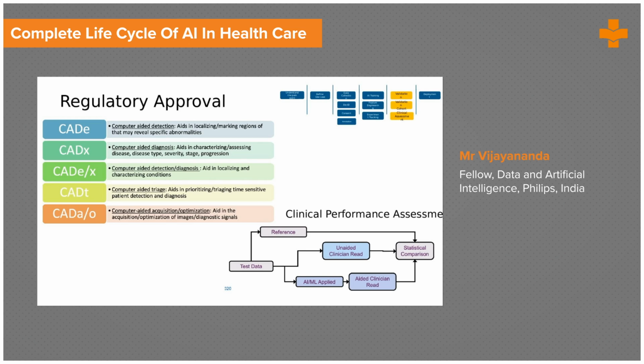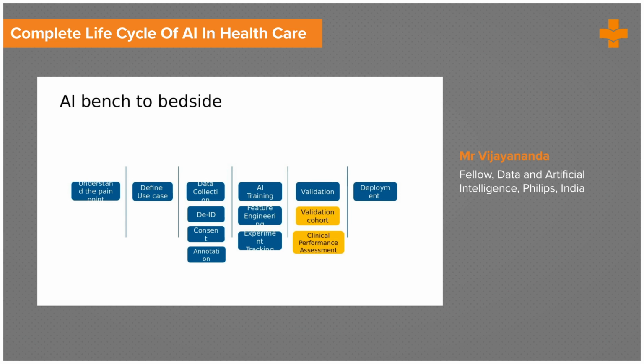Clinical performance assessment is also done, where we look at the output of the clinician or the pathologist, and the output when the AI/ML is applied, and what kind of difference there is. This is an important aspect during the validation.